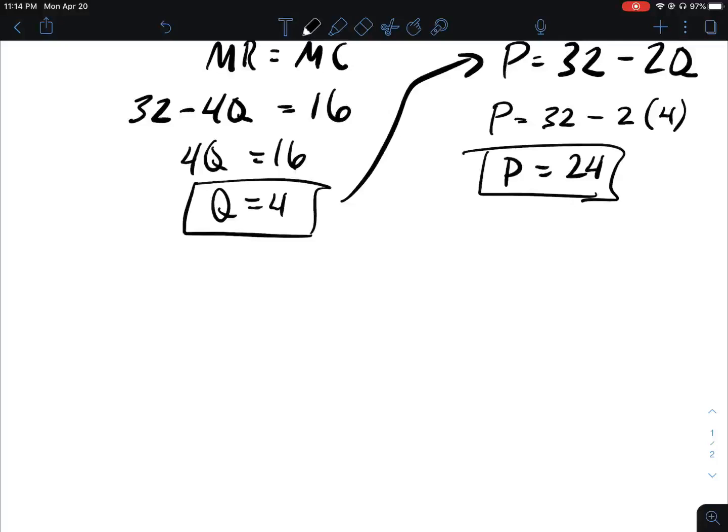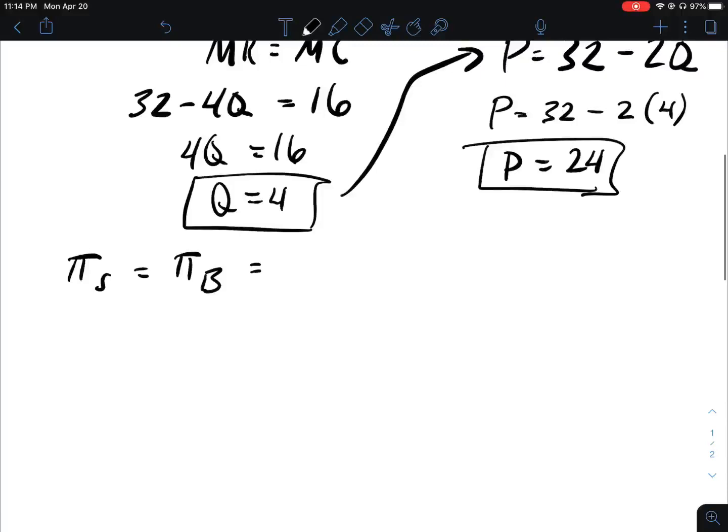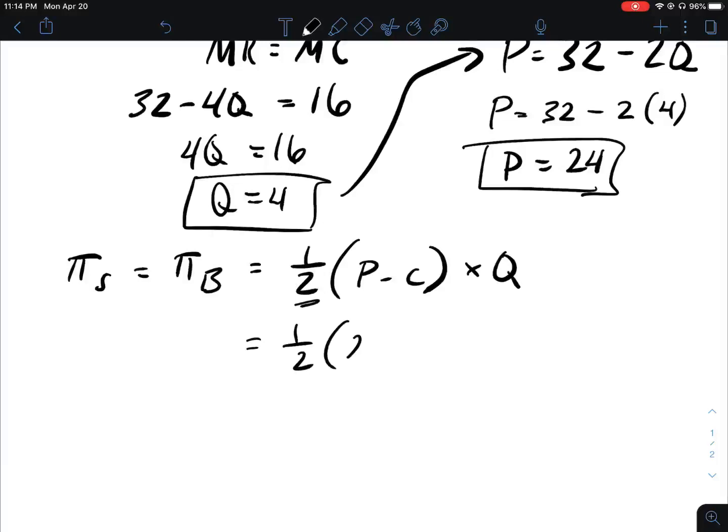Okay, last step for this part, we have to find the profit. The profit for both of these firms, for both Squeaky Clean and Biobase, is split evenly, so we say 1/2 times P minus C times Q. Okay, so we plug in, emphasize again that 1/2 since they're splitting it evenly, and we're going to plug in our price and cost, so 24 minus 16 times 4.